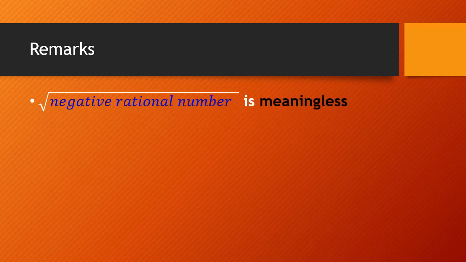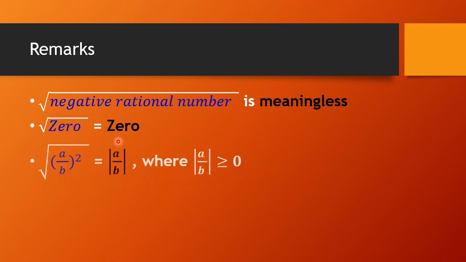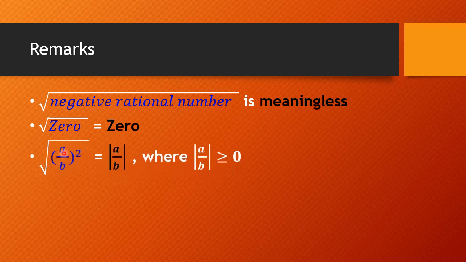Remarks. The square root of a negative rational number is meaningless. Square root of 0 equals 0. Square root of (a over b) power 2 equals the absolute value of a over b, where the absolute value of a over b is greater than or equal to 0.